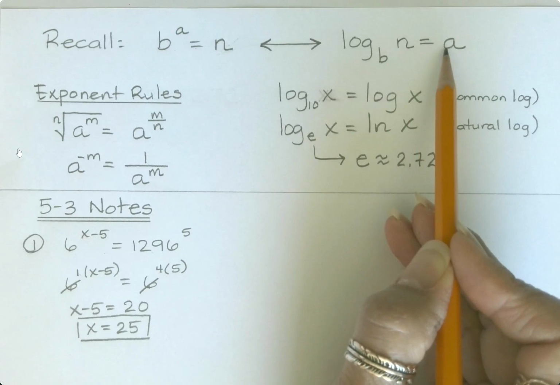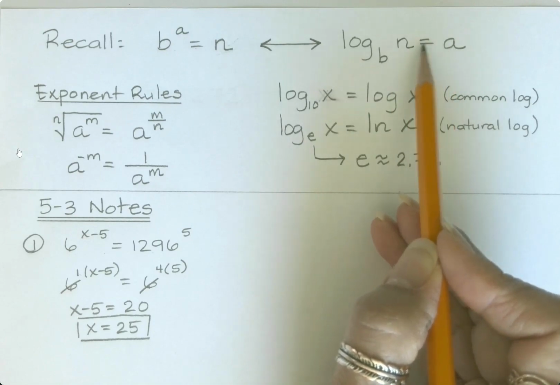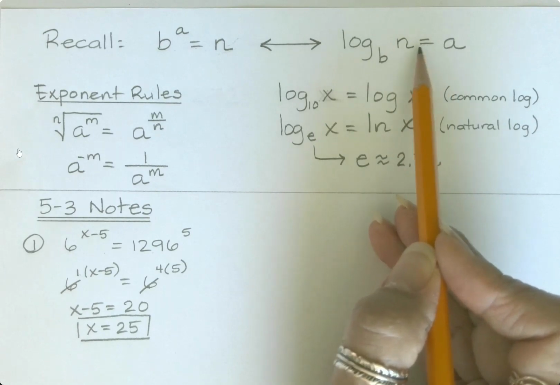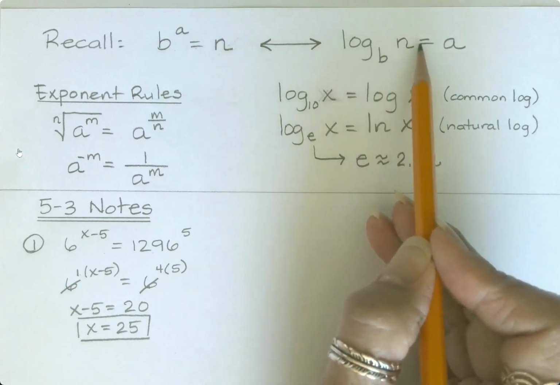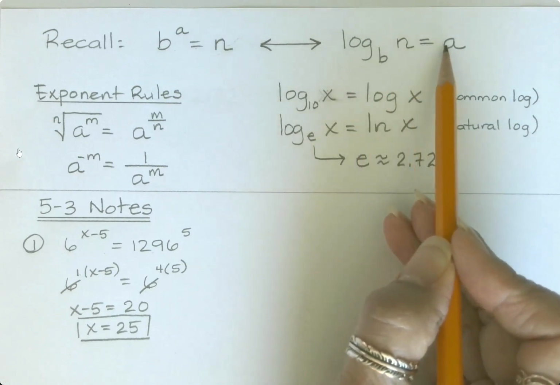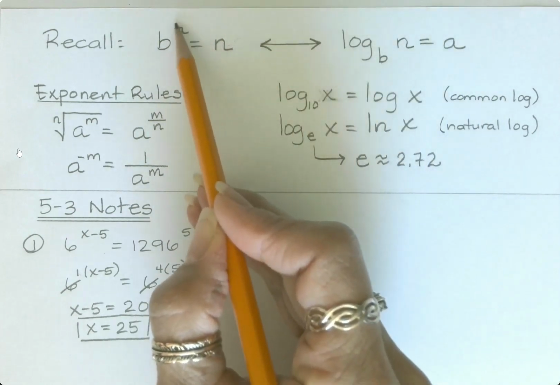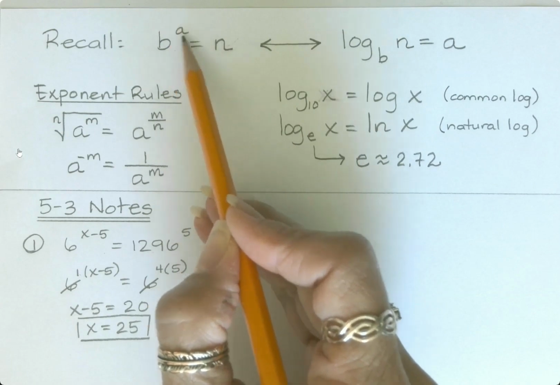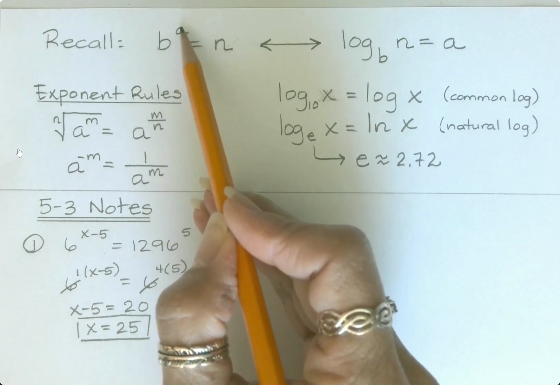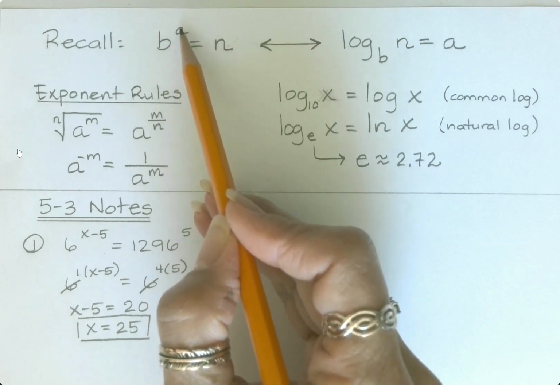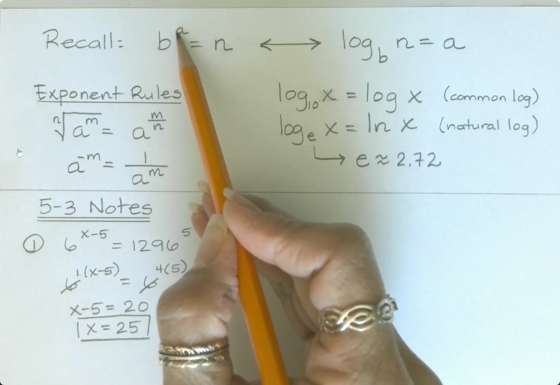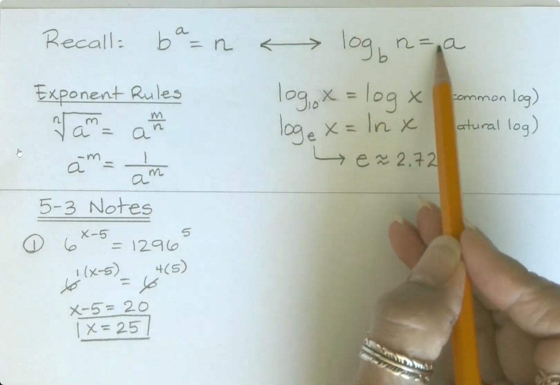Logarithms and exponentials have the same rules of arithmetic, so to speak. So a log is always going to equal your exponent. So whatever this number up here is, that value or term, that's what your logarithm will always equal.